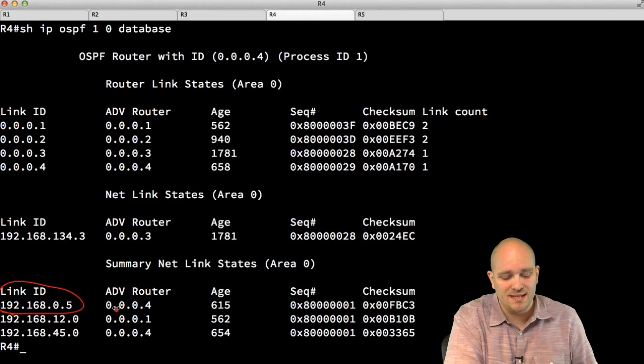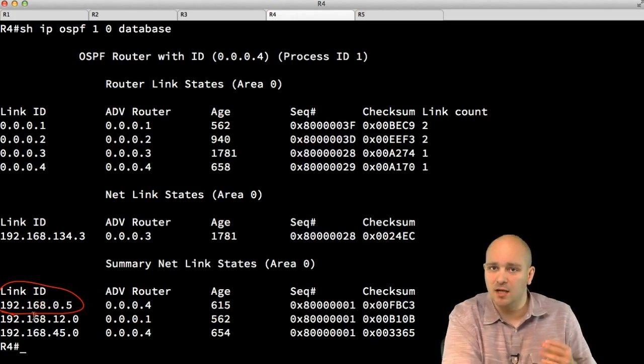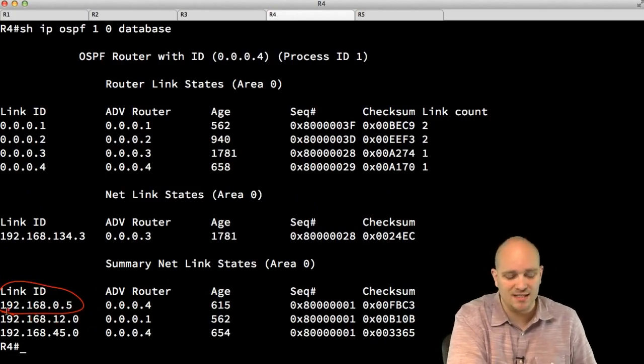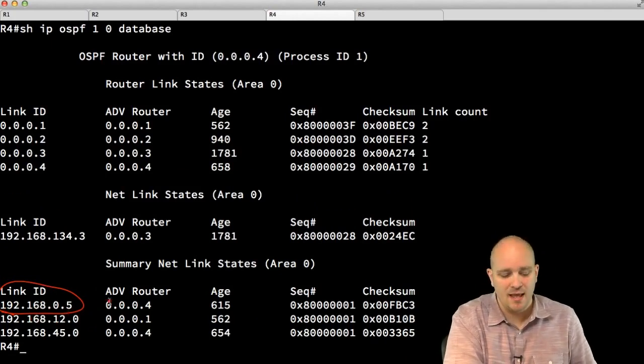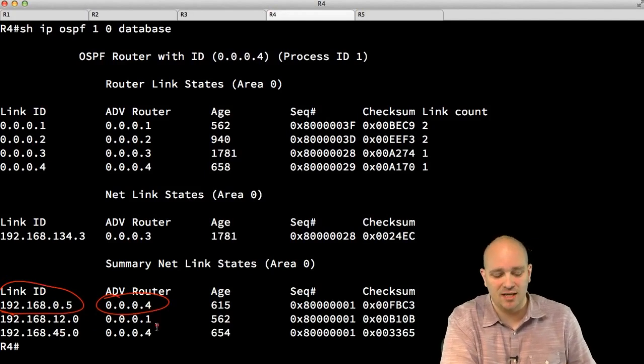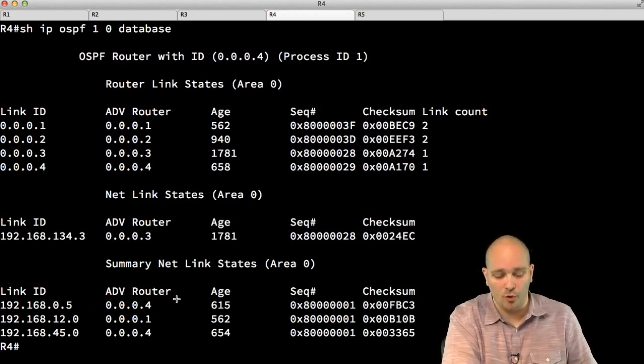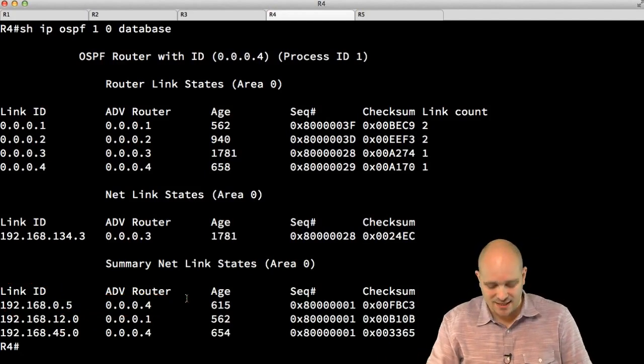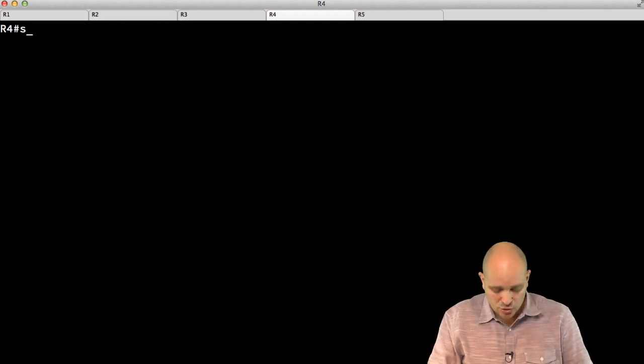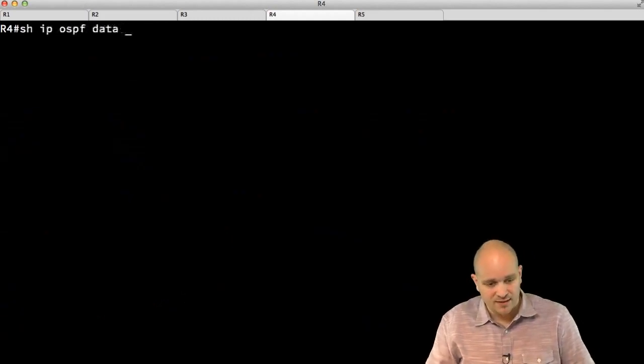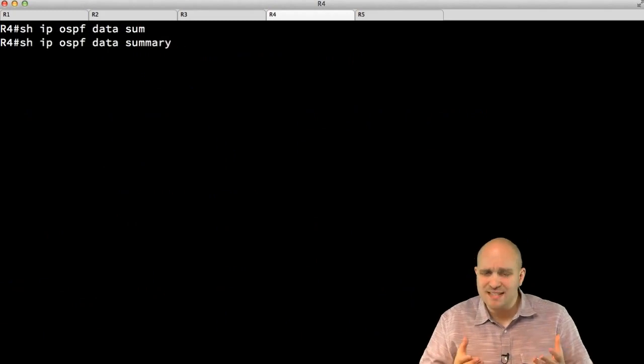Now, what I'm going to be seeing here is that there is this link identifier, and we can see that the link identifier for type 3 LSAs will be the network advertised, and we are going to see the advertising router 0004. So let's take a look at this LSA in a little bit more detail. If I do show ip ospf database, and I can say summary.